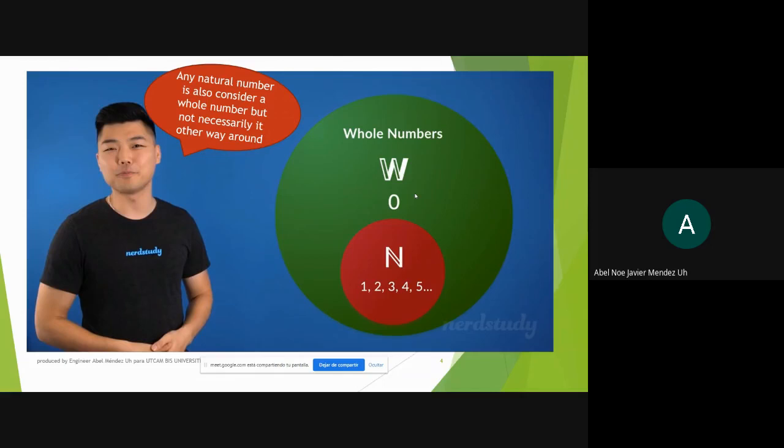Any natural number is also considered a whole number, but not necessarily the other way around. The natural numbers are included inside the whole numbers, but the whole numbers, like the zero, are not included in the natural numbers. Okay.